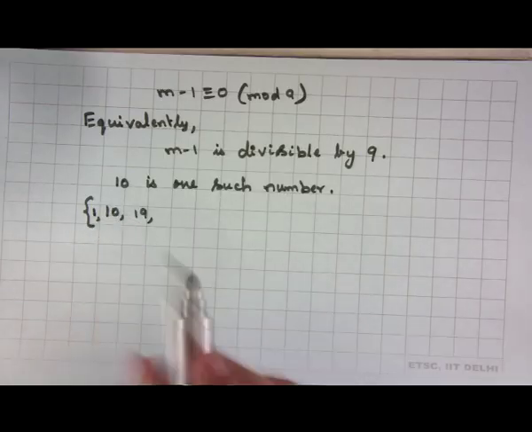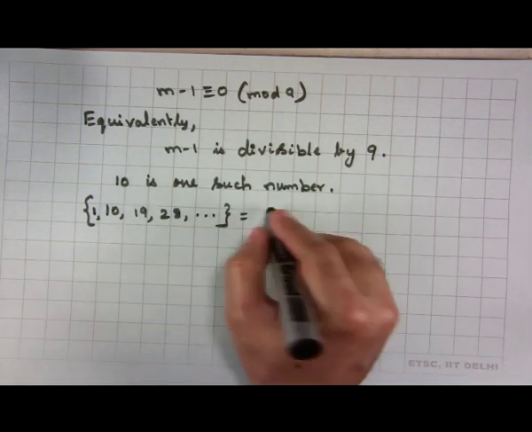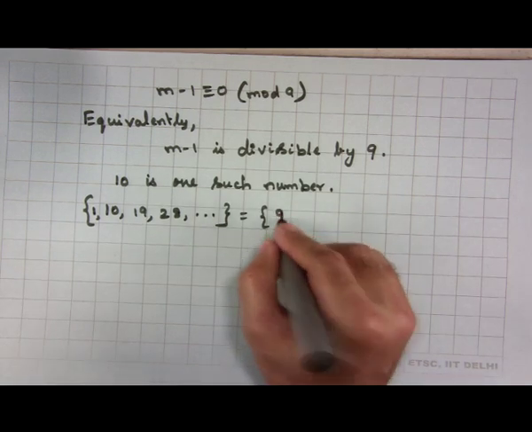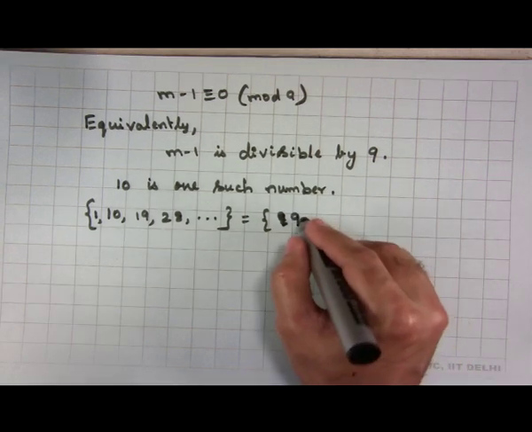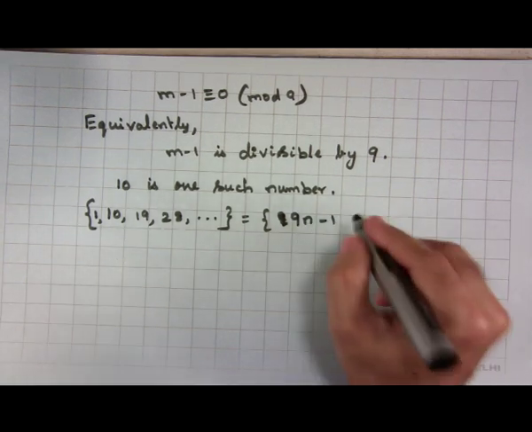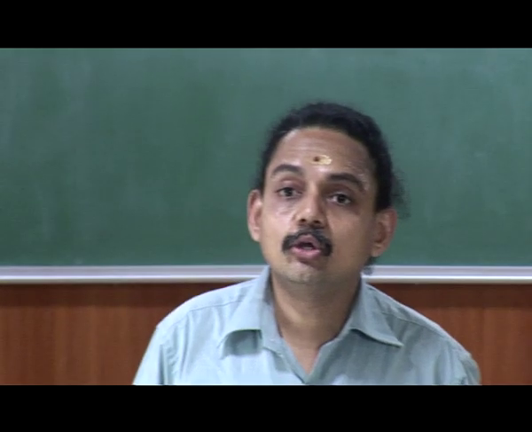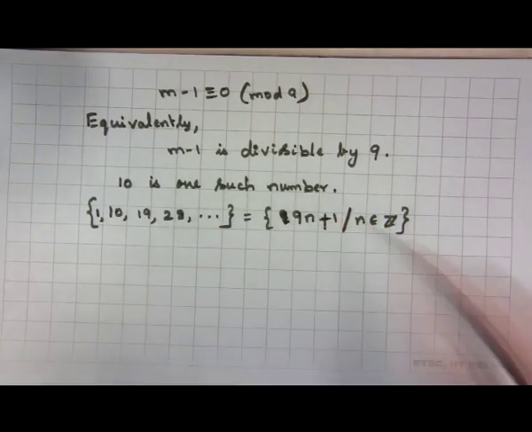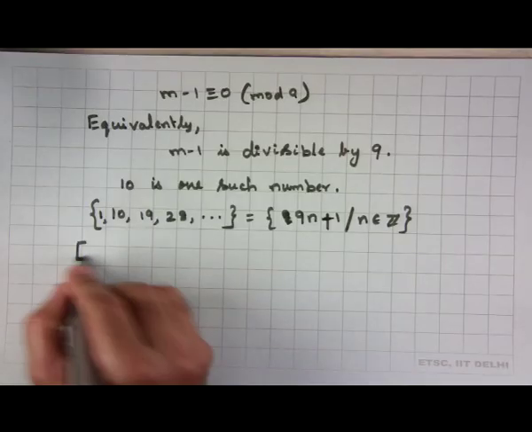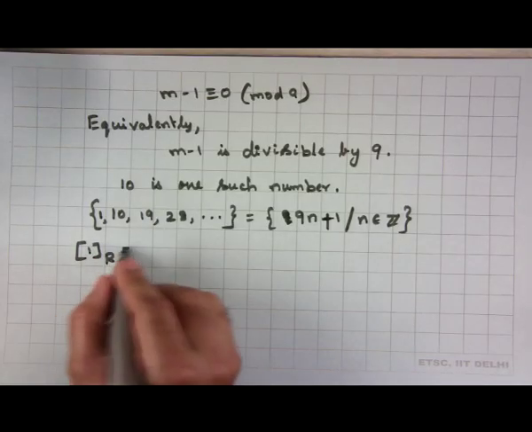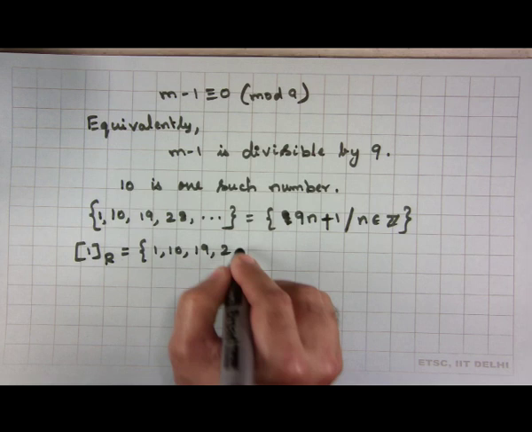So we have 1, 10, 19, 28, etc., which I will write as all those elements of the form 9n plus 1 with n in Z. So, therefore, box 1 with respect to this R is going to have 1, 10, 19, 28, etc.